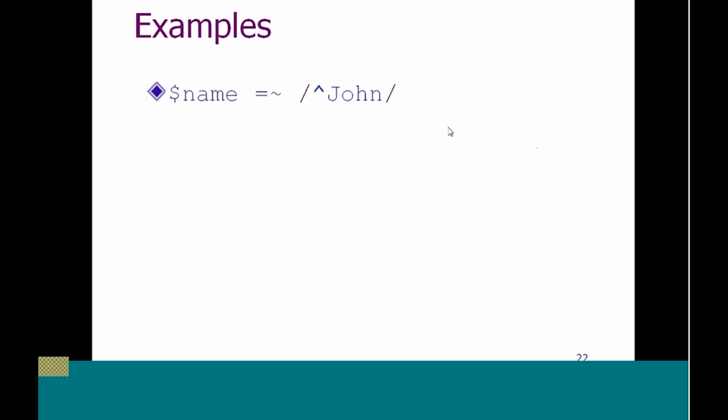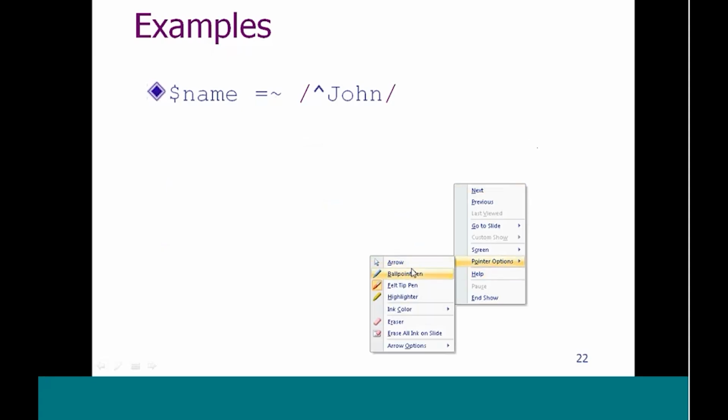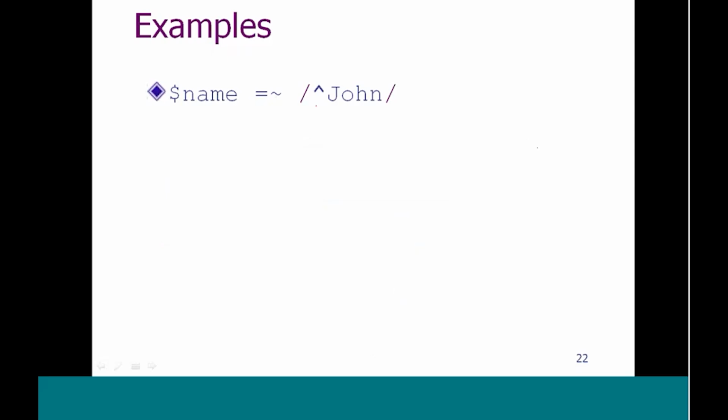Okay, so as I was explaining, we can use the various matching. A simple matching is shown here, where the dollar name is matched against the string John. One thing that I want to highlight is here. You can see that it's matched at the beginning of the string.